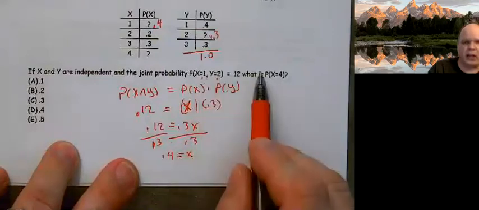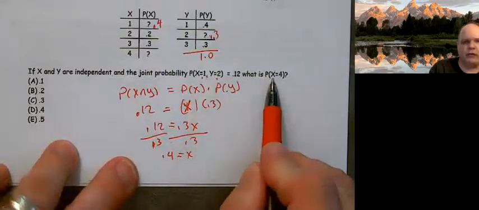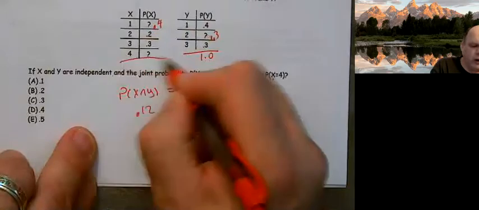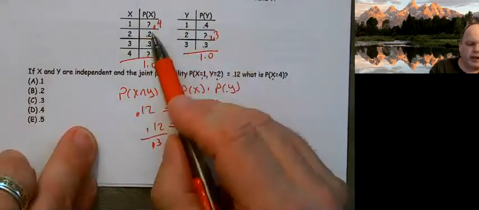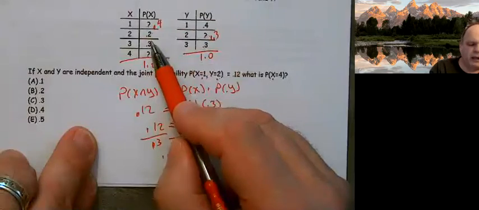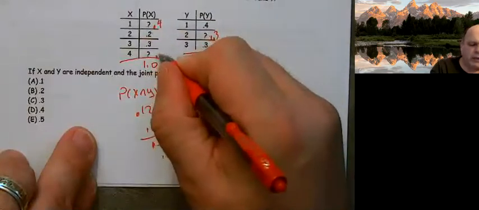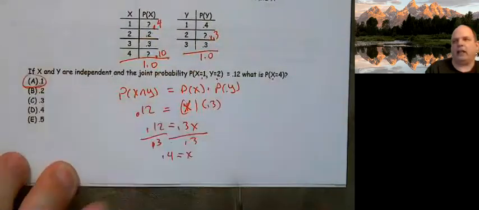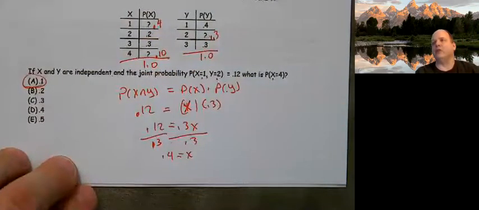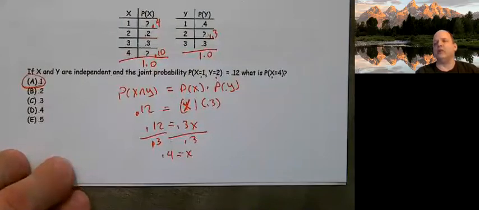But that's not what they asked me for. They asked me for when x is 4. So we know this has to sum up to one whole. So 0.4 plus 0.5 is 0.9, therefore 1 minus 0.9 means this is 0.10. So my answer here is A. That's a tricky question, and partly it's tricky because of the way it's set up, or recognizing the format.